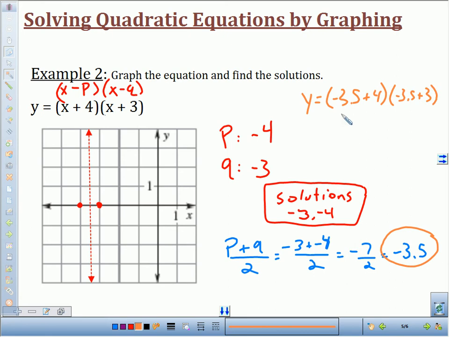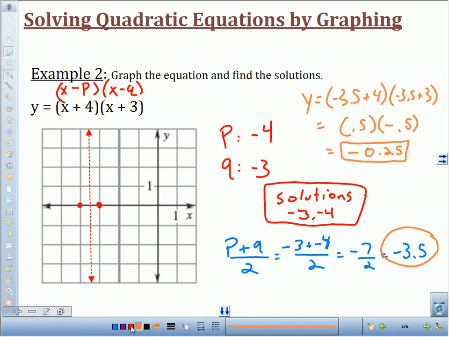When I do that, negative 3.5 plus 4 is 0.5. Negative 3.5 plus 3 is negative 0.5. Now I multiply those together and I can use a calculator to get this done. And I know that this is negative 0.25, which is negative 1/4. So a quarter of the way between 0 and negative 1.